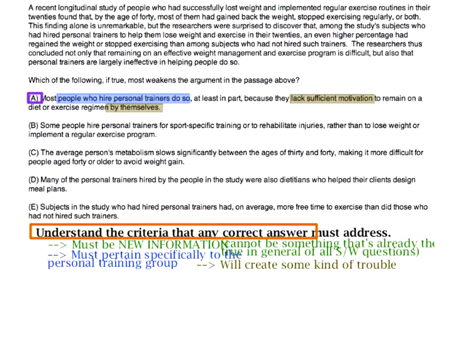In other words, for B to be the correct answer, these ideas of weight loss or rehabilitation would have to directly lead to the conclusion that it would be more likely for these people to have trouble. So here, there's no reason to believe that. There's no reason to believe these individuals would have more trouble maintaining their shape.